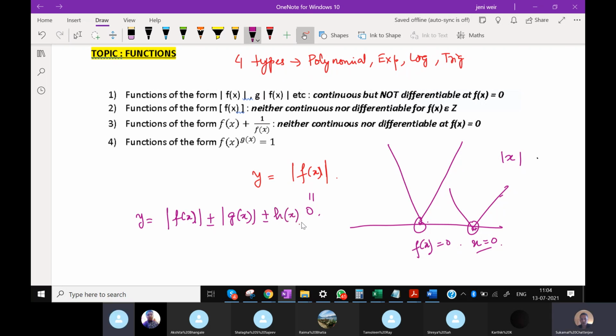This can be one simple adaptation. And in this, again, the same rule applies, that the function y will be non-differentiable for f of x equal to 0 and g of x equal to 0. So this is the simplest form of adaptation of this kind of a function, right?